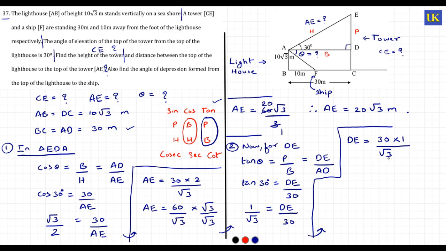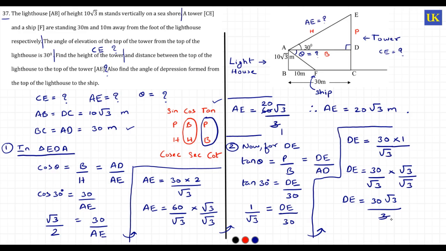Now we know that root 3 cannot be there. We cannot keep it in the denominator. So it's the same thing we did here, rationalizing. We'll rationalize the denominator. So take the same denominator and multiply and divide it. Very simple. So DE is equal to 30 root 3, and in the denominator we have 3, because root 3 into root 3 becomes 3.